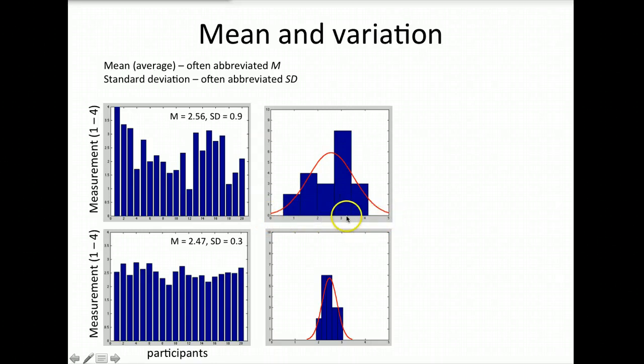What this graph now represents is the number of participants, for instance, that solved this task within a time frame of 2.8 to 3.4 seconds. And here we see that 8 of the 20 participants used some time there, and from 0.5 to 1.3 we had 2 participants, and so on.